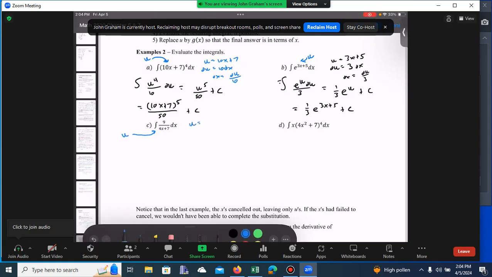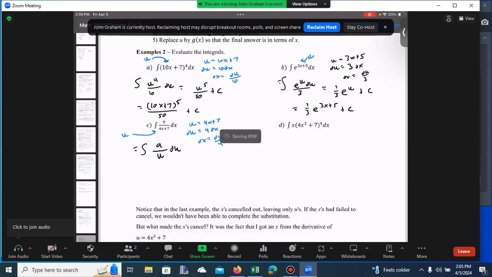We'll let u equal 4x plus 7. du equals 4 dx. And again, we don't have a 4 there, so we'll just solve for dx. We can only do that if it's a constant. And so now we'll make our substitution. So we'll have 9 over u, du over 4, so 9/4 over u.